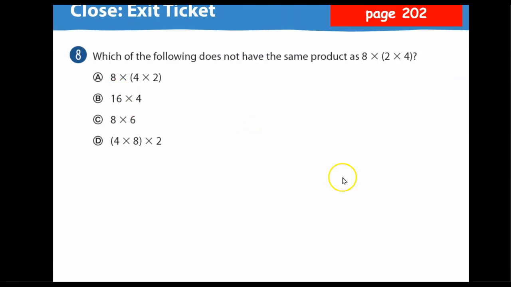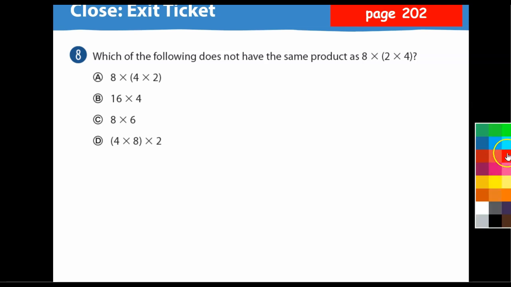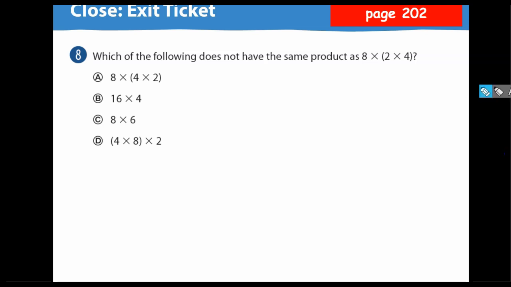All right, let's talk about this one. Which of the following does not have the same product as 8 times 2 times 4? What do you think? Is it A? Well, because 2 times 4 is 8, and then 8 times 8 is 64. 4 times 2 is 8, right?